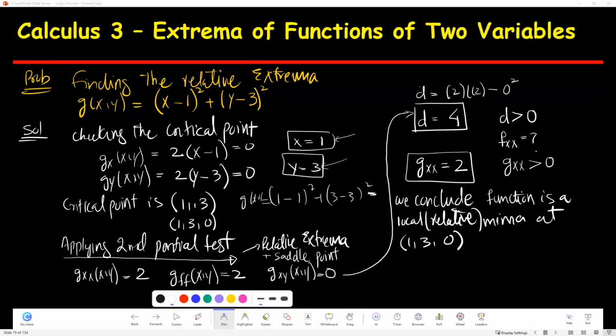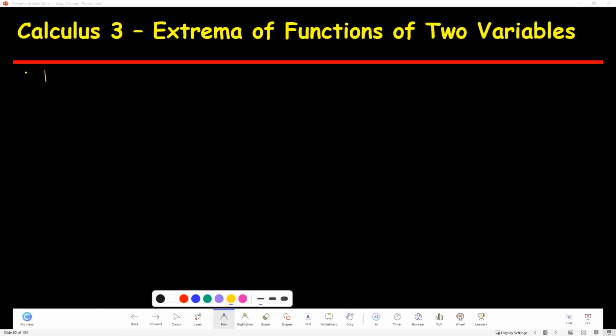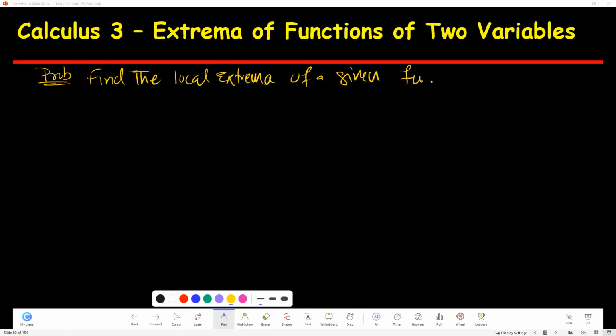Okay, maybe look at another example. Find the local extrema of a given function, and the function is like this: g(x, y) equals 5 minus (x minus 6) squared minus (y plus 2) squared, less than or equal to 5.